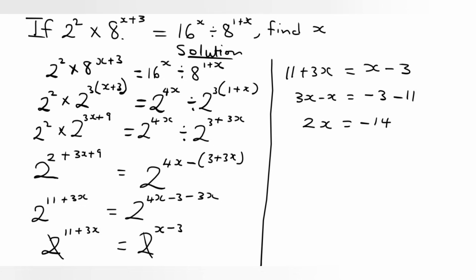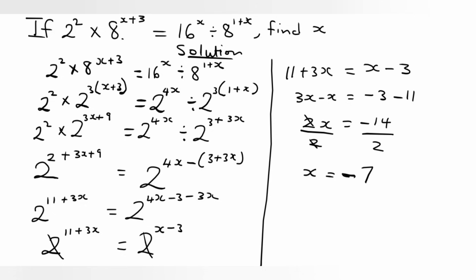So the next thing to do here is to divide both sides of this equation by 2. So dividing both sides by 2, we have x to be equal to minus 14 divided by 2 is 7. So our answer is minus 7. That's the value of x.